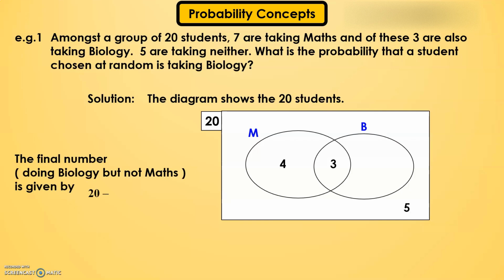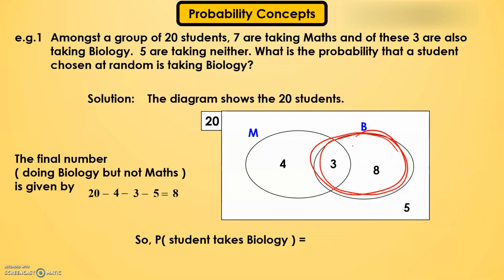To work out the final number, we know it's 20, so it must be 20, take away the 4, take away the 3, take away the 5. It gives us 8, which we chuck in there. So that means the probability that a student takes biology is everything in this egg, which means it's 11 out of 20. Nice and easy.